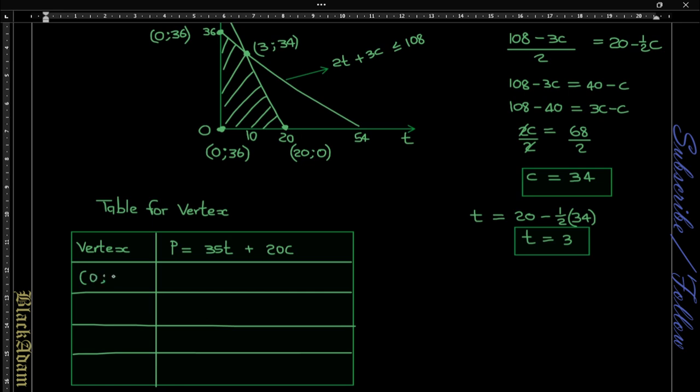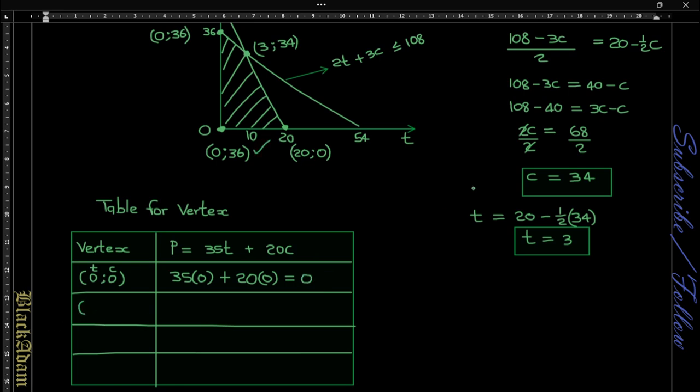We start at the point 0, 0, where we don't manufacture anything. So what's our profit there? It's 35 multiplied by 0 plus 20 multiplied by 0. So our final answer is 0. We're not going to make any profit if we don't manufacture anything.